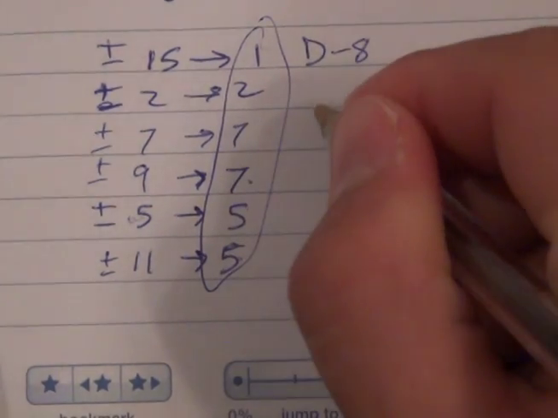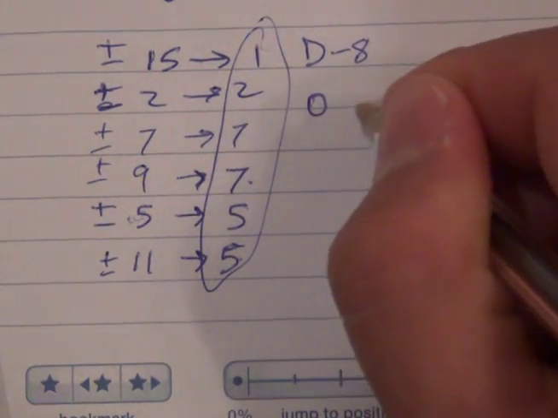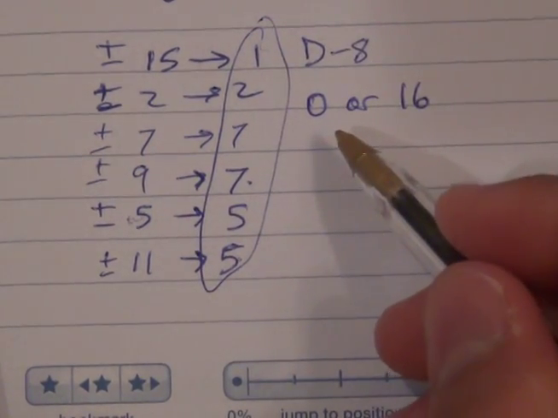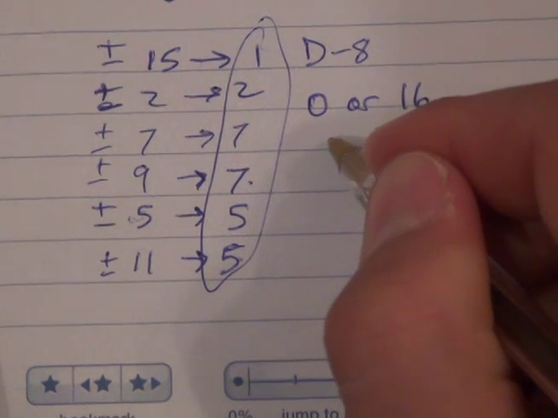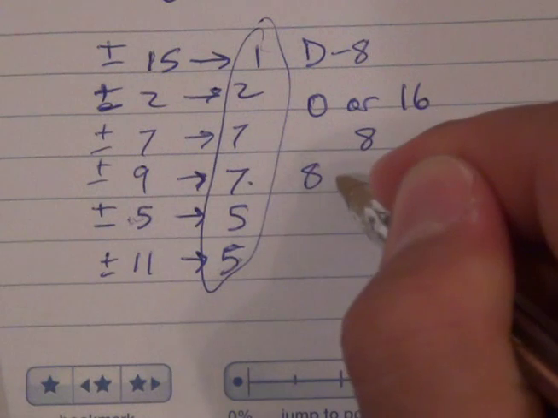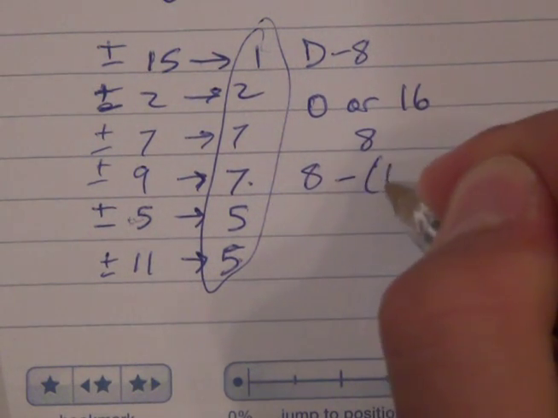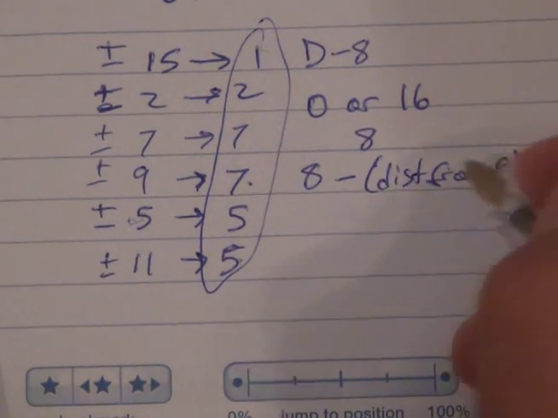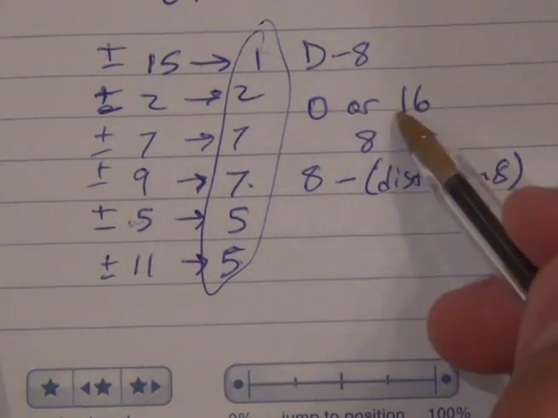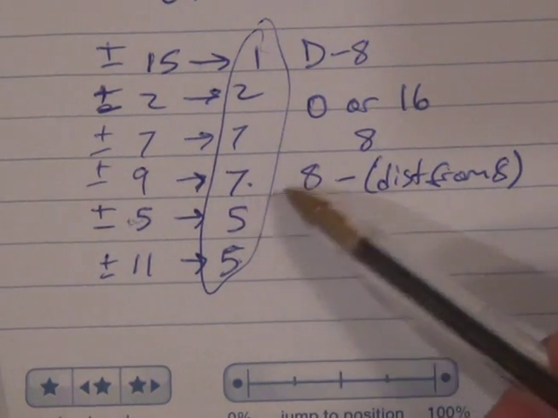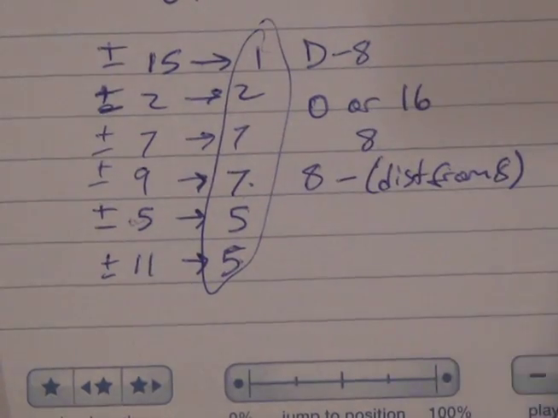So I need to see how far from 0 or 16 it is. So what I do is I take the distance from 8 and I take 8 minus the distance from 8. Because this will be like 6 or something. Like let's say it's 2. Yeah, so this should work.